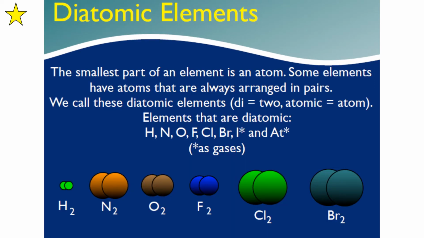Diatomic elements are ones that you want to memorize. Diatomic means two, so they are elements that will combine with each other to form a molecule. Hydrogen, nitrogen, oxygen, fluorine, chlorine, bromine, and sometimes iodine are going to be diatomic.